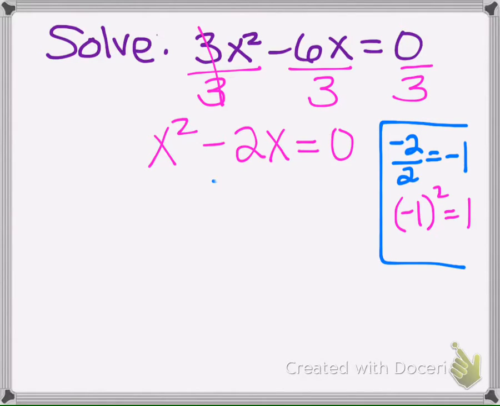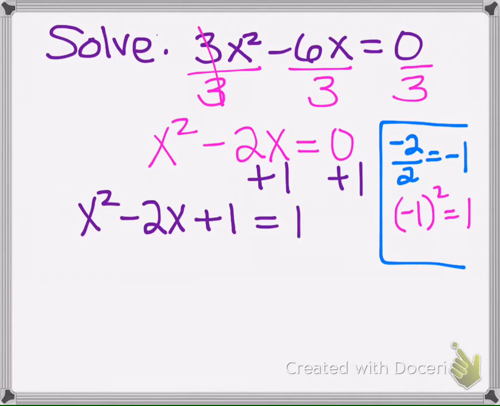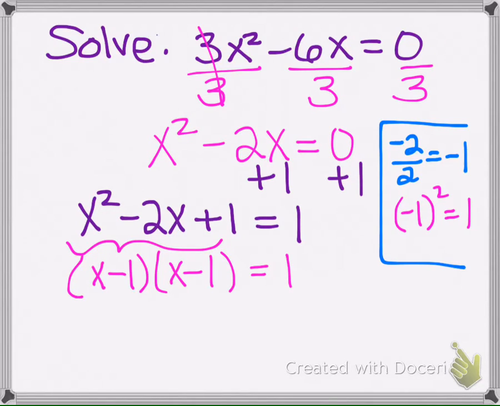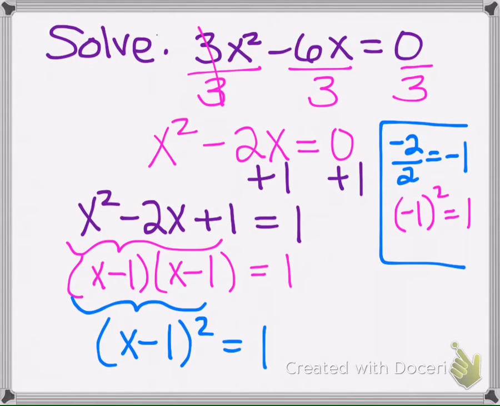So we are going to add a +1 to both sides. So now we would have this trinomial on the left side, which can now be factored as x minus 1 times x minus 1, which now we have successfully completed the square because we can write it like that.